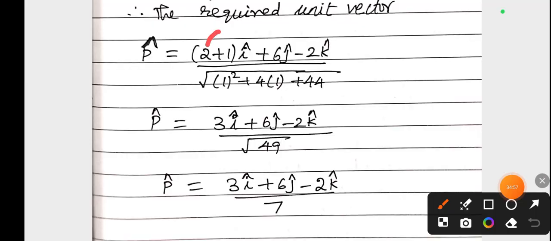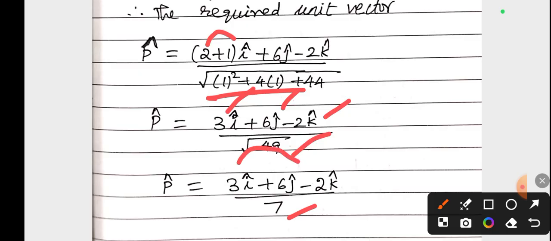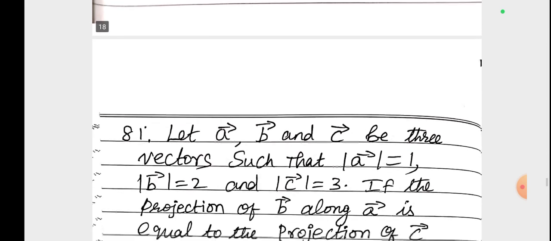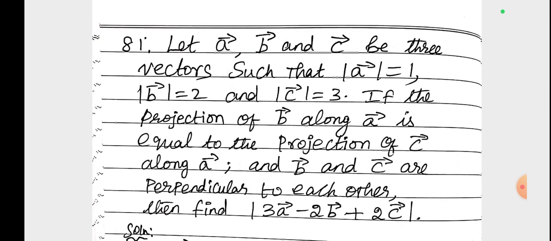So substitute in P cap: 2 plus 1 is 3, 3i cap plus 6j cap minus 2k cap, and substitute in the denominator also wherever lambda is there, lambda value 1, and get the answer. Root 49 is 7. So read the question: if you just need to find the value of lambda, it is over. But they asked also for the unit vector along the sum of the vectors, so substitute. Whether this sum was asked in the booklet or not, you should check and tell.